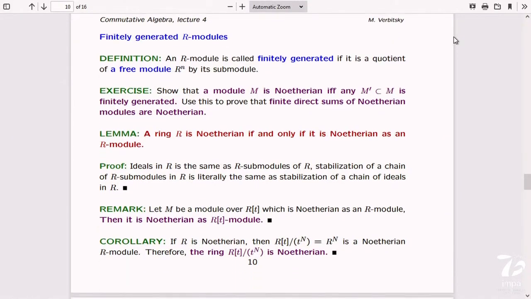And the main idea of how one proves Noetherianity is just using these quotients and submodules and essentially working with modules instead of rings and ideals.